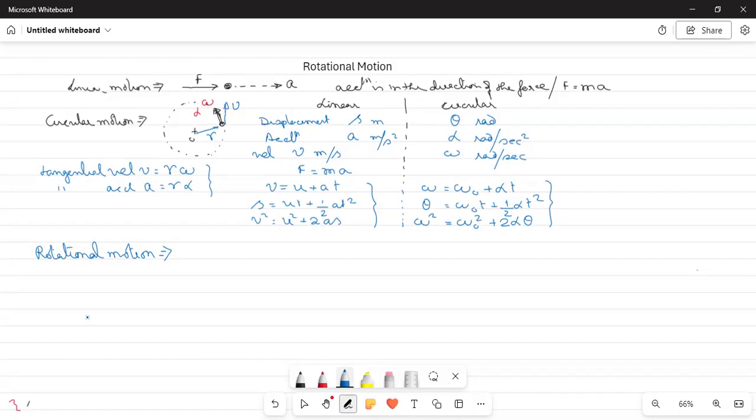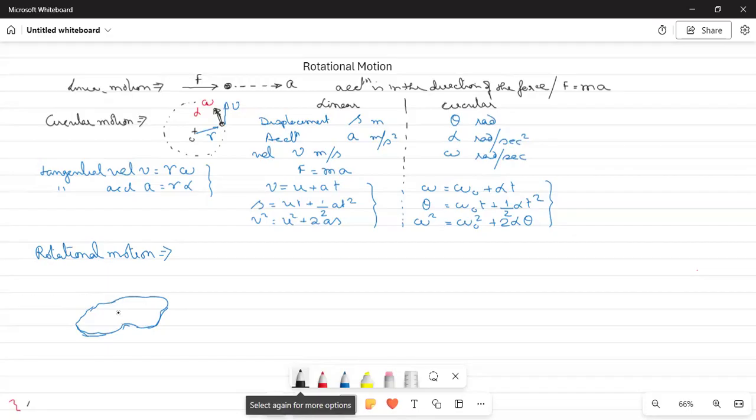In rotational motion, we normally consider an extended object, like say this is an extended object, which has, of course, a thickness, but at the beginning of this chapter, we shall consider the thickness to be very negligible, but everything has a thickness.